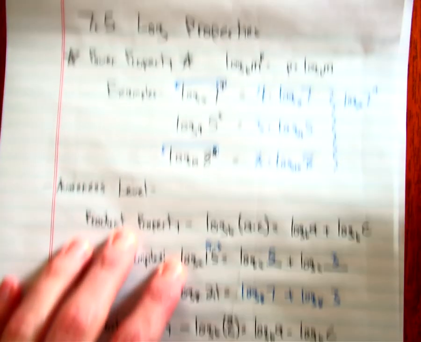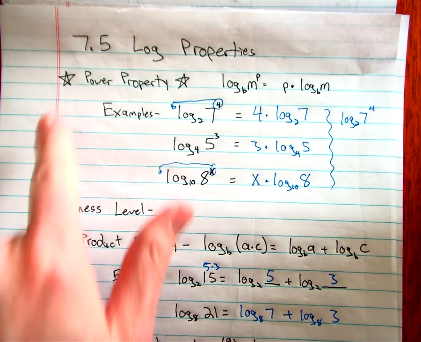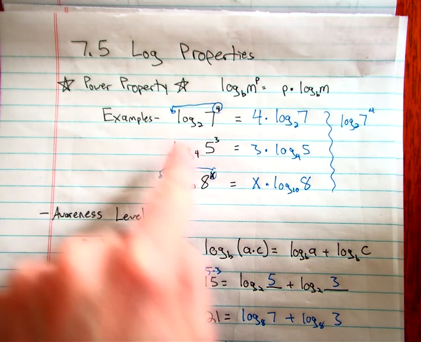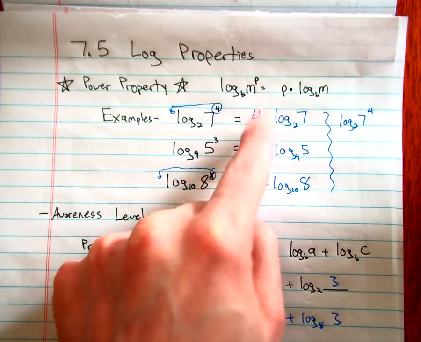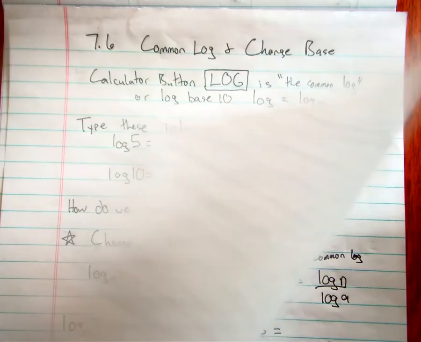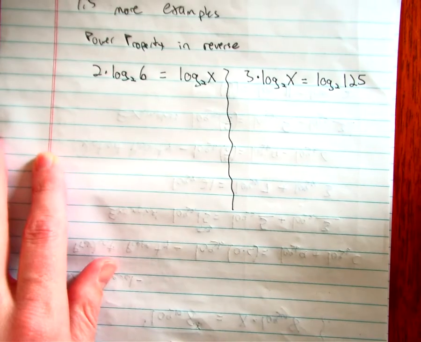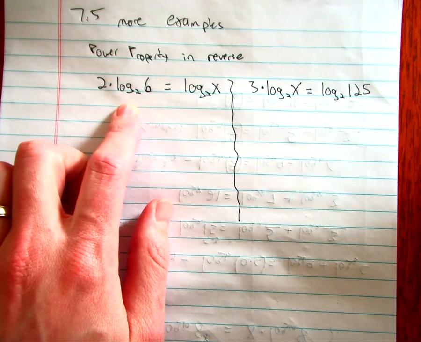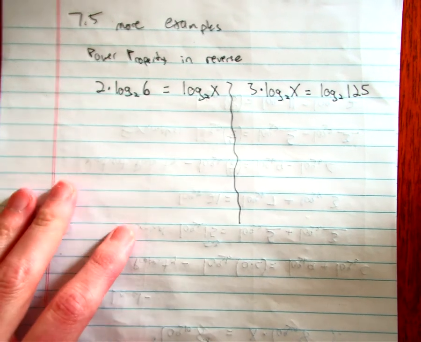We're mainly focusing on the power property with 7.5: bringing that exponent down in front, or maybe sometimes you might have to take the multiplier in the front and move it up top as an exponent. Let's take a look at how we might be solving some of these. It might come into play like this: 2 times log base 2 of 6 is equal to log base 2 of x.